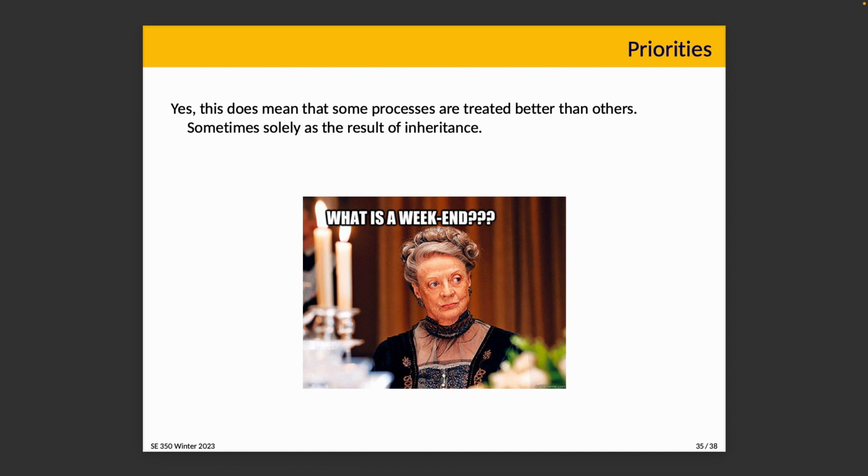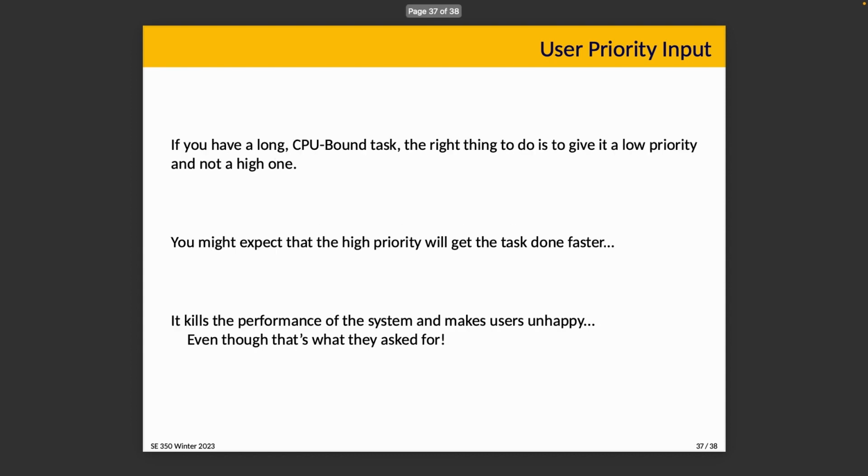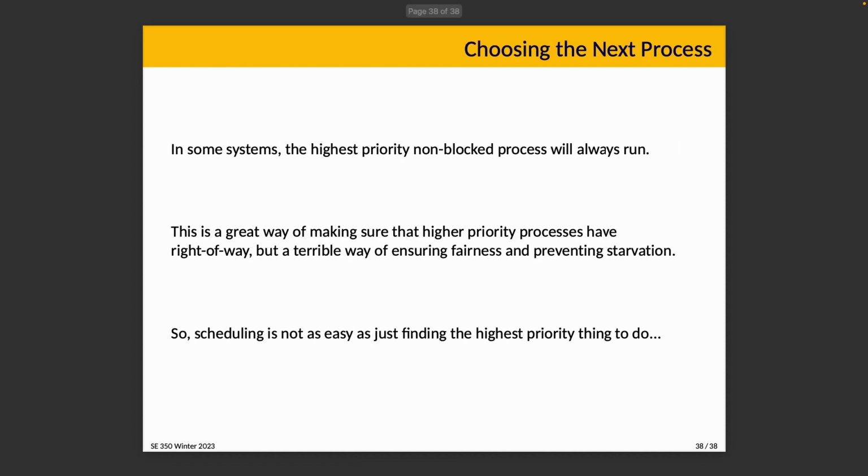We haven't talked about inheritance for priorities yet, but we will. So, as I said, users have a say in priority, and they can get it wrong, so we shouldn't let them. We can expect that a high priority task will execute more, and maybe it slows down the performance of the system, and users are sad, even though that's explicitly what they asked for.